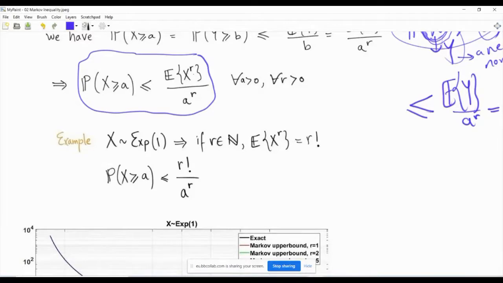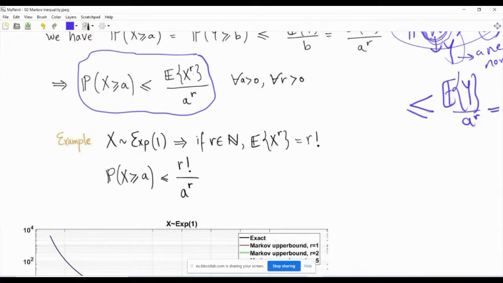Because you may have a non-negative random variable with a finite first moment, but starting from the second moment and higher, the moments are infinity. And if they are infinity, then you are saying that the probability is less than or equal to infinity, which is again a useless statement.